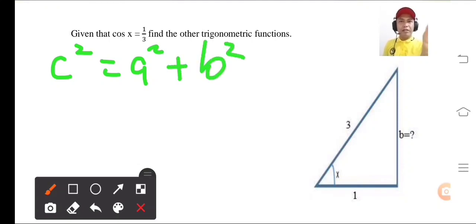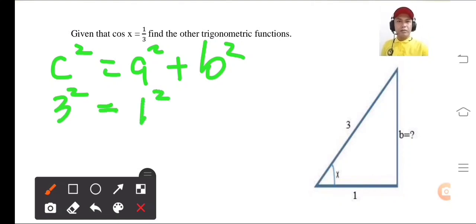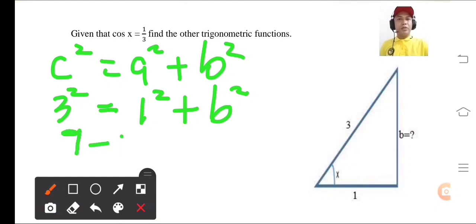So we have c is 3. 3 squared is equal to a is 1. So 3 squared is 9, then 1 squared is 1. So using the additive inverse, 9 minus 1 is equal to b.